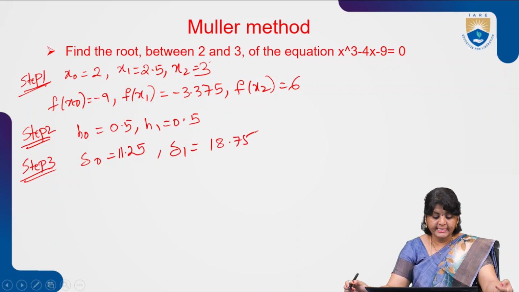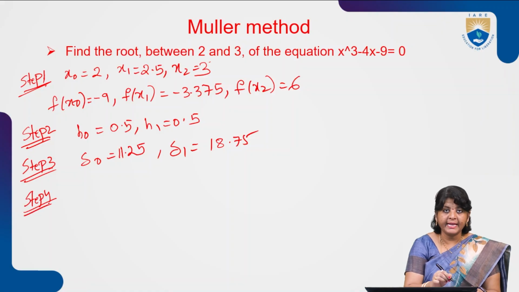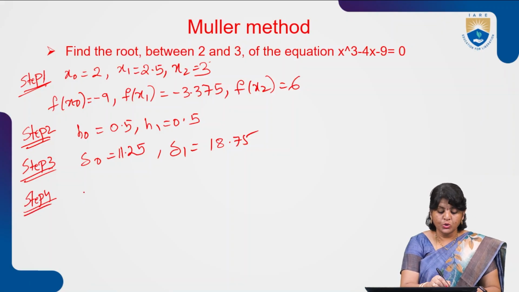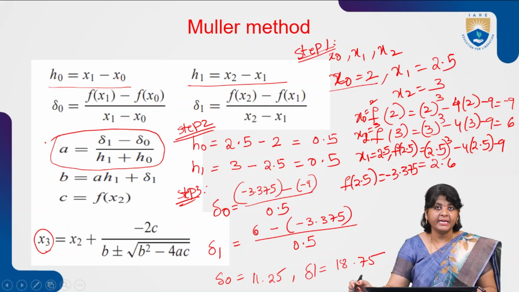So that is step 3. Now step 4, we need to calculate the A, B, C values. A has the formula (delta 1 minus delta naught) by (h1 plus h0).